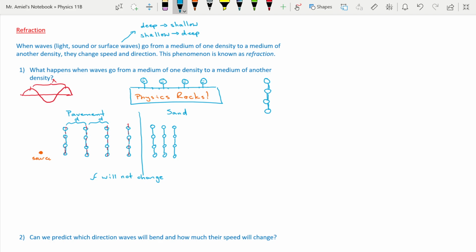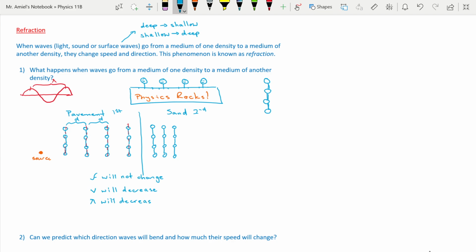But when our wave fronts hit the interface between the first medium here and the second medium, they're going to slow down. So in this case, velocity will decrease, right? It's harder to walk on the sand than the pavement, so velocity is going to decrease. And we can see that what's going to happen is that our wavelength will also have to decrease.